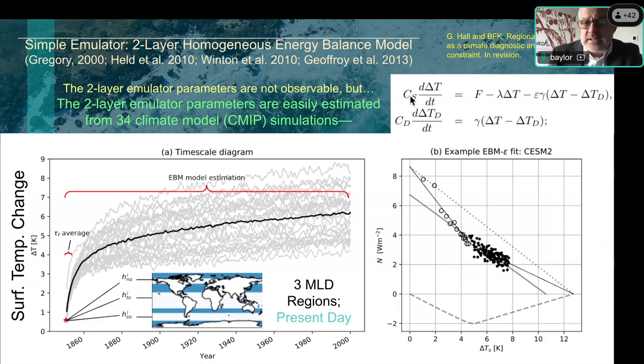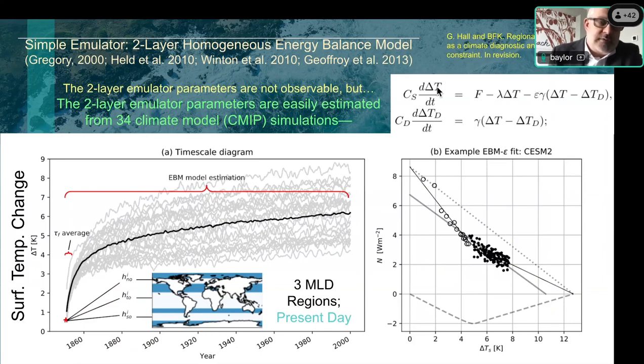But the problem with this is that none of the parameters in this model are actually observable. So instead, what you have to do is train this model based on its rate of warming in the surface and the deep. And you can think of doing that by just launching off a bunch of CMIP models, a whole ensemble of CMIP models. If you examine this, there's a fast adjustment timescale, which is mostly the surface adjustment.